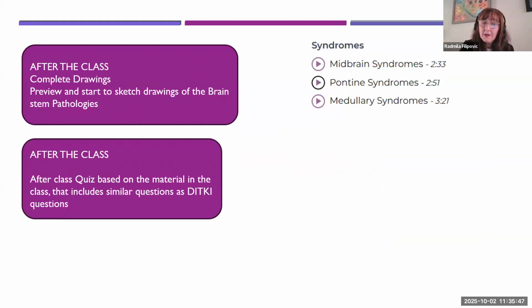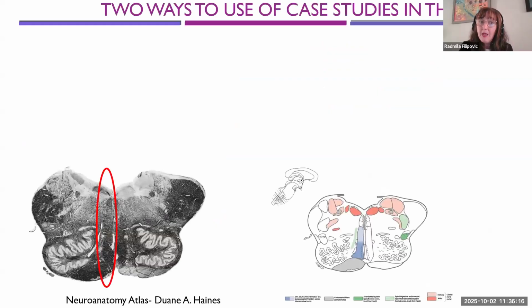So, application from brainstem pathology: there are different syndromes, midbrain, pontine, and medullary syndromes. Again, I ask them, pre-class, to complete drawings and start sketching those drawings, and after class to complete a quiz, which is based on the questions in Draw It to Know It.